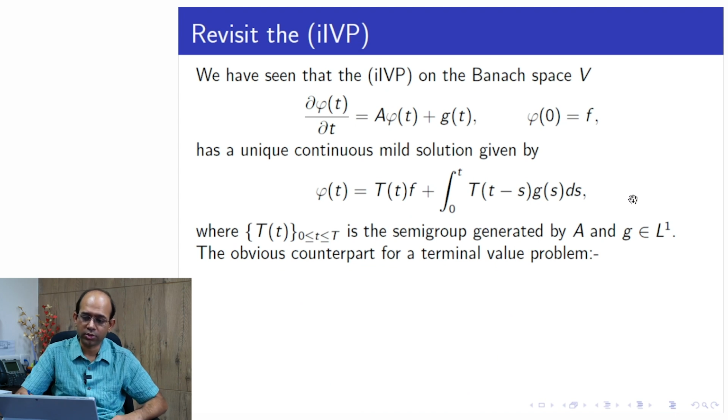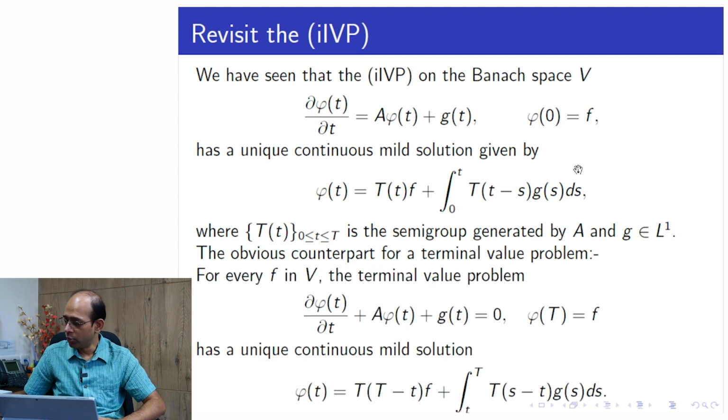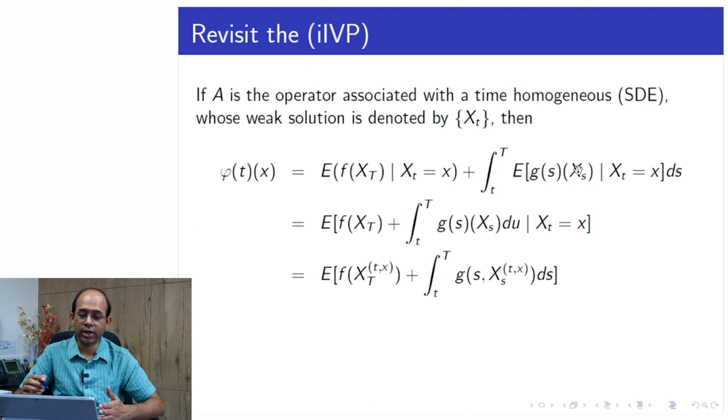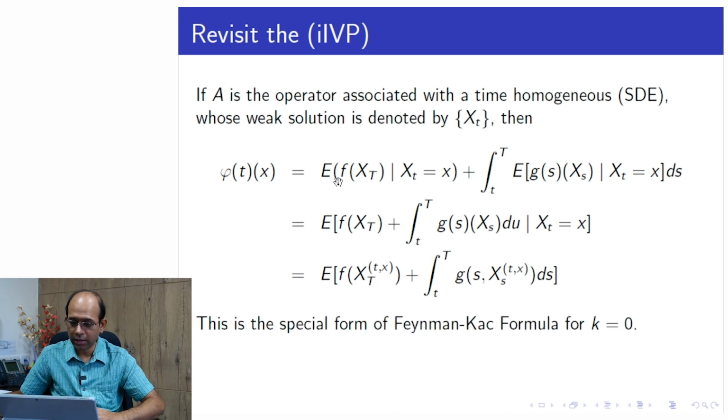This is the formula of variation of constants for the initial value. We have just changed time to the terminal value, and then we have further assumed that the operator is associated with a time homogeneous SDE, and for that we get a solution Markov chain also, and from that we just write down, and what we obtain is also a particular special case of the Feynman-Kac formula.